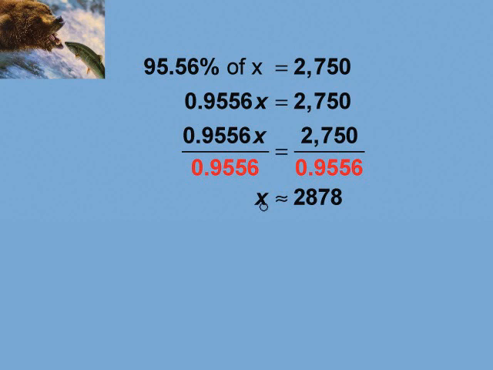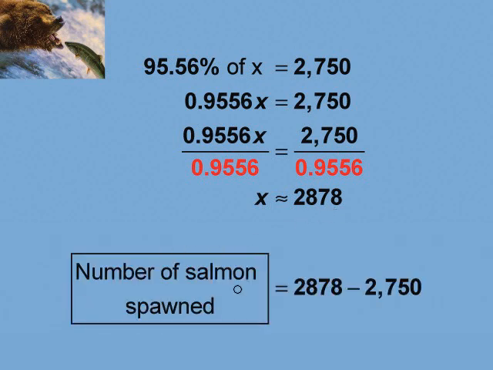Rounding to the nearest whole number, we get 2,878. This is the total number of salmon. To find the number that spawned, subtract 2,750 from 2,878 to get 128. So only 128 out of 2,878 salmon spawned.